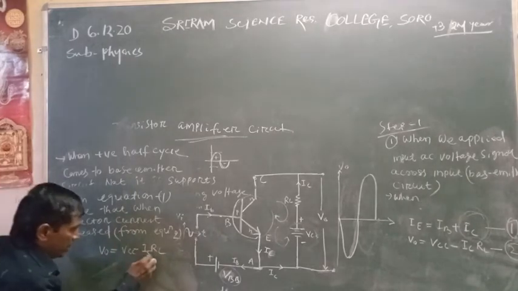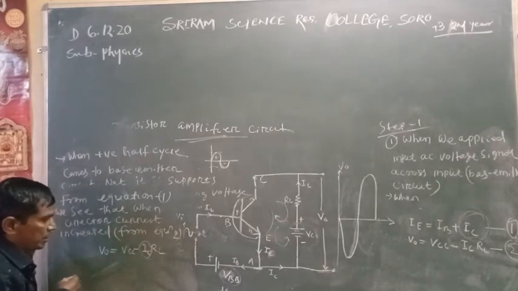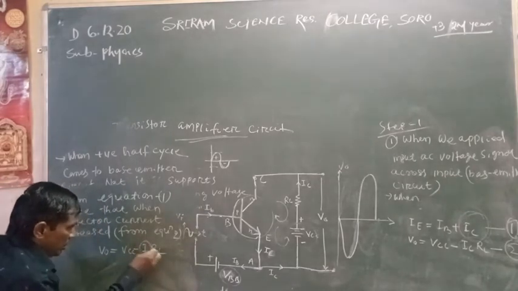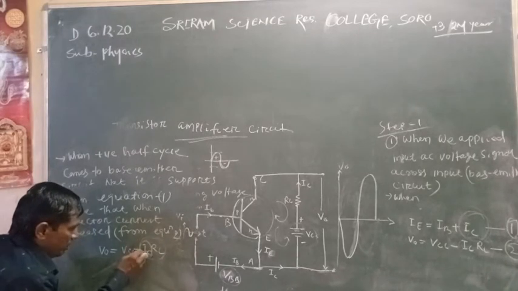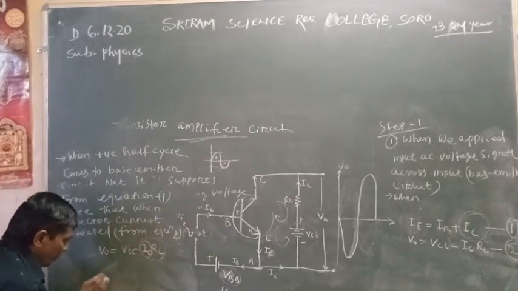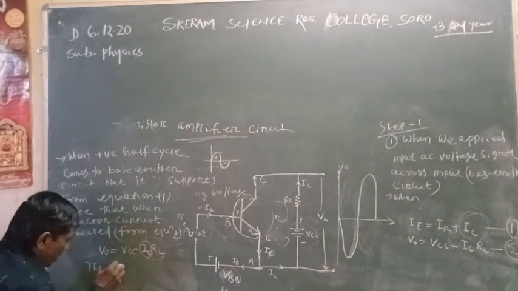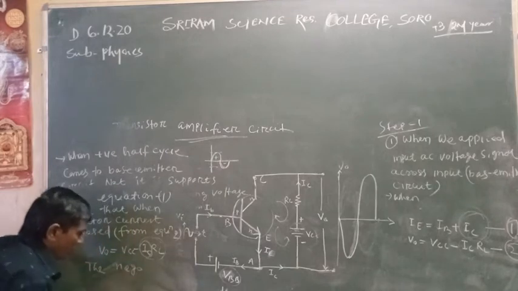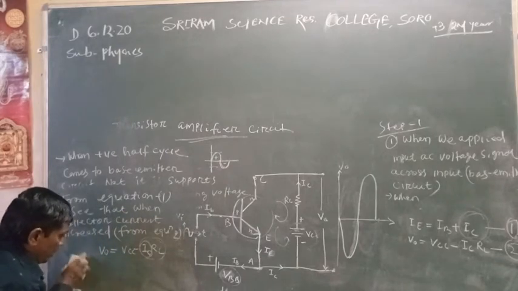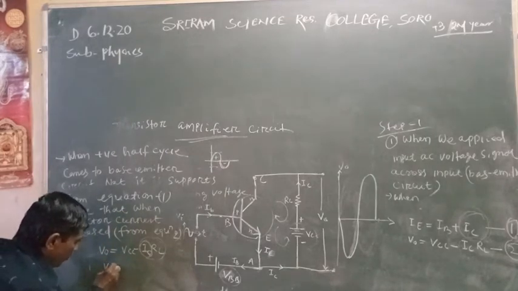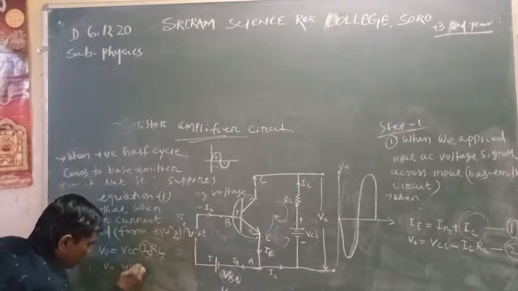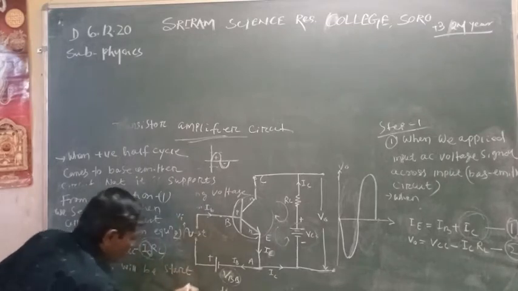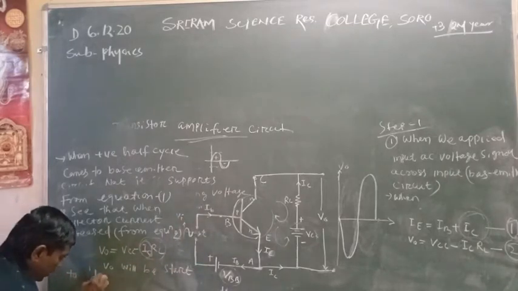Now the collector current increased, that means this current will be increased, so this negative part will be increased. Now the negative part will be increased, and V0 will start to decrease.